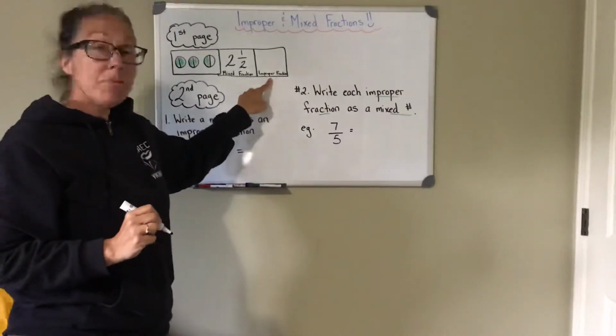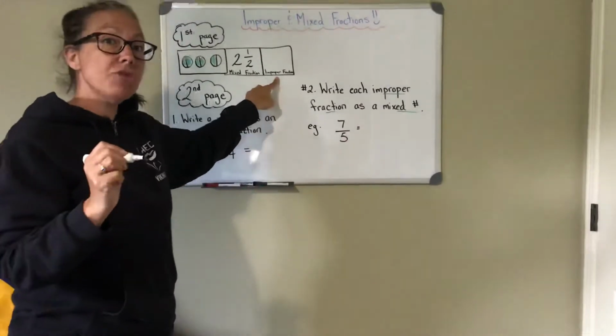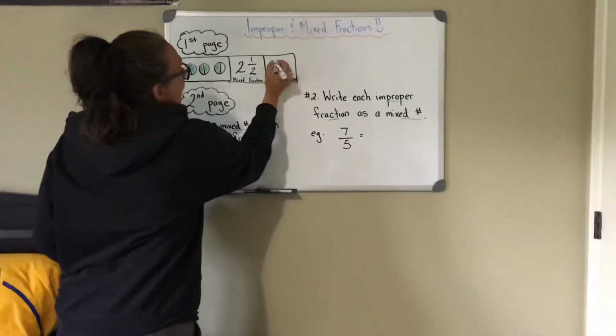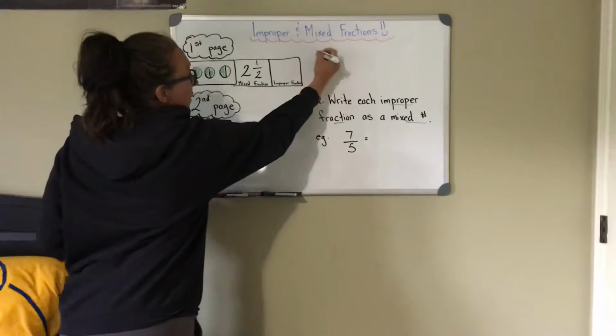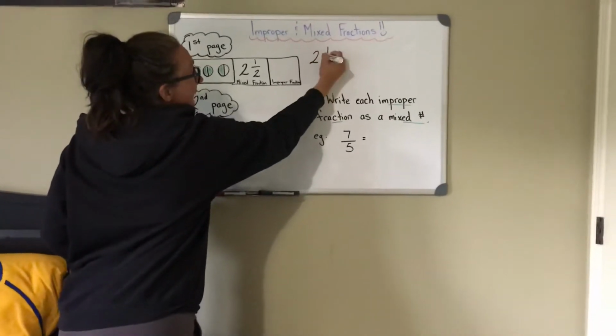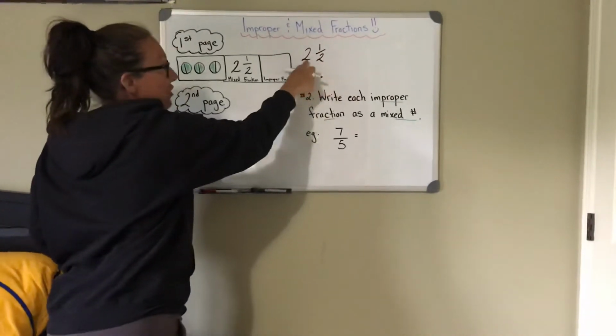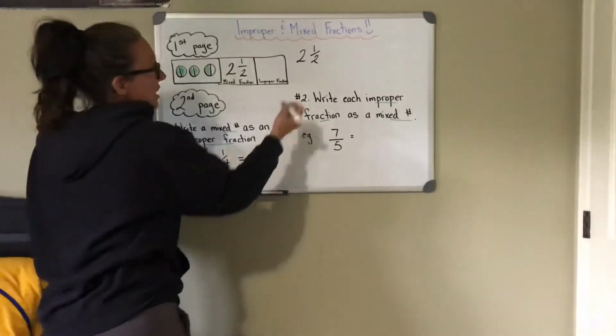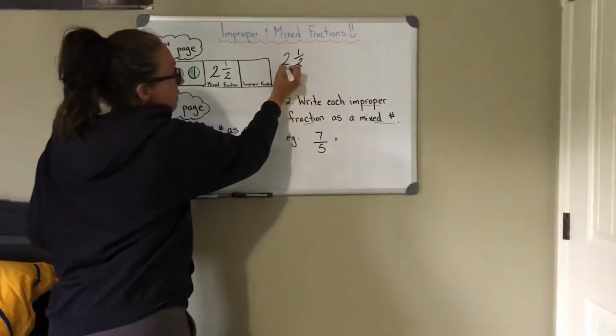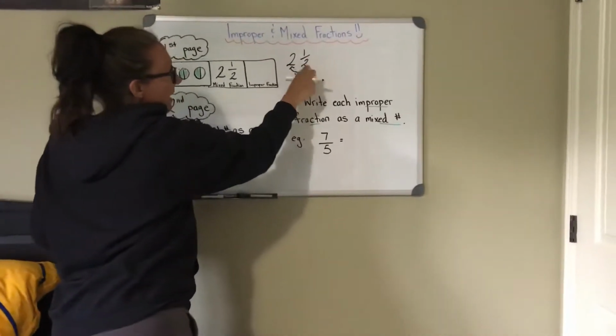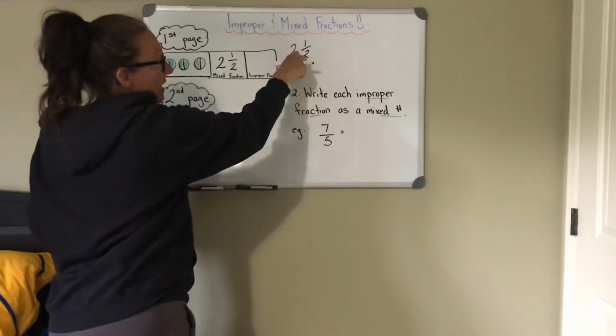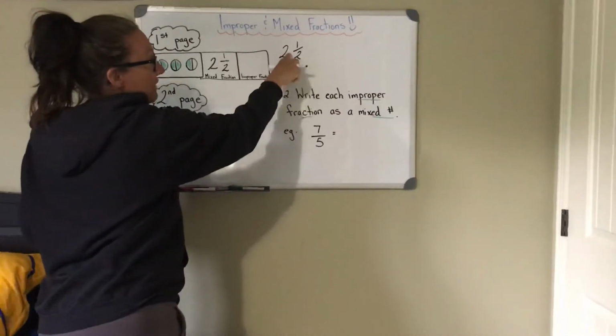When you're doing an improper fraction, we have to do the trick that we learned before, where you have the 2 and 1/2. So I'll put it over here. So you have 2 1/2, and you want to change your mixed fraction to an improper fraction. So you have to multiply the denominator and the whole number, which is 4.